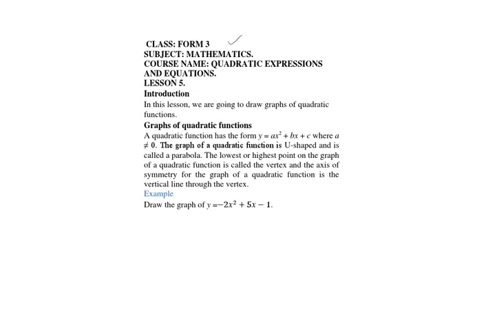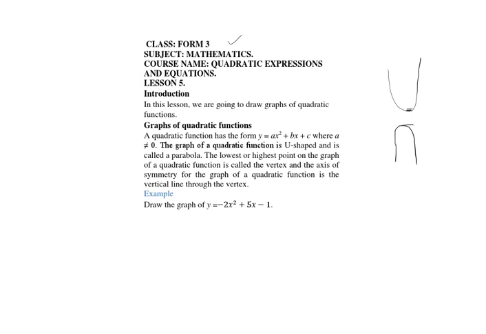If it is opening upwards like this, it means that it will have a lower point. If it is opening downwards like this, it means that it will have the highest point.